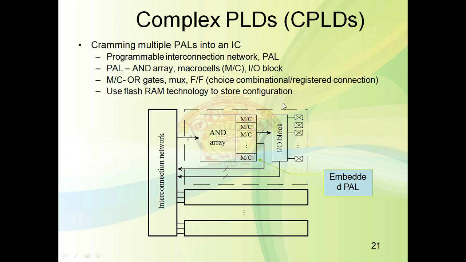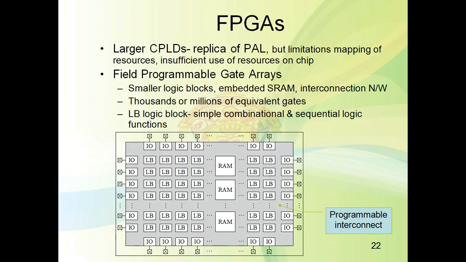It will have an IO block. Now you can see here that each macro cell contains an OR gate, multiplexer and flip-flop.